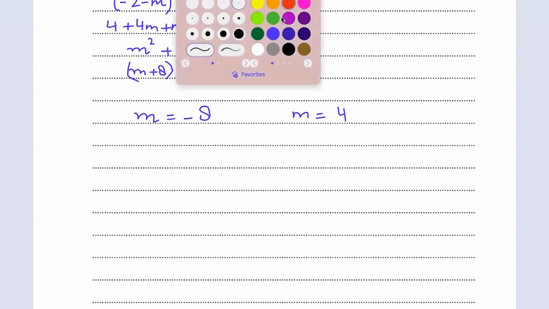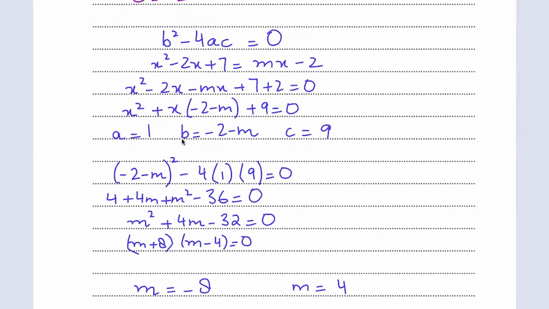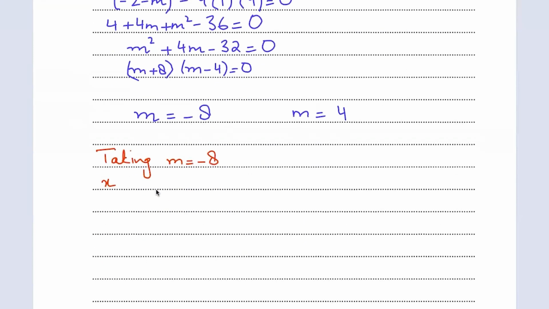Now for each value of m, we have to find the x and the y coordinates. So over here, taking m is equals to minus 8, when we equated the equation of the line and the curve, it was x squared minus 2x minus mx plus 9 is equals to 0.